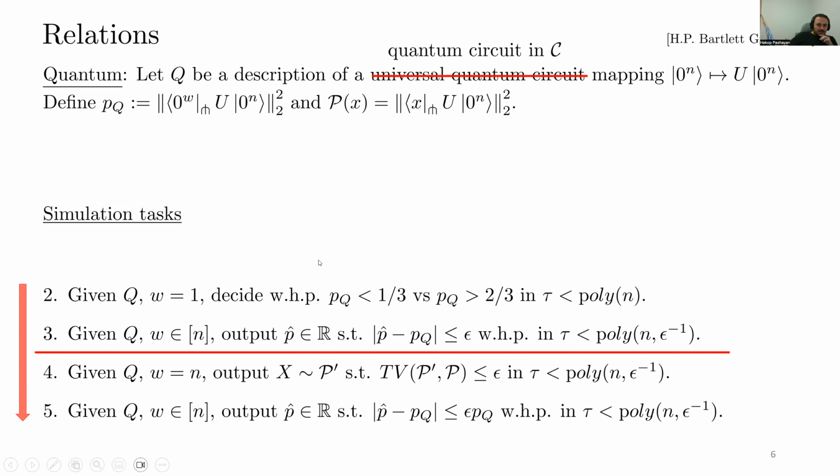But also, interestingly, we found examples of families of quantum circuits where there is a strict separation between these two tasks, in the sense that you could classically efficiently solve task number 3 for this class of circuits, but we showed a hardness proof for sampling from the output of this class of circuits. And in particular, this class of circuits was later called Clifford magic circuits.